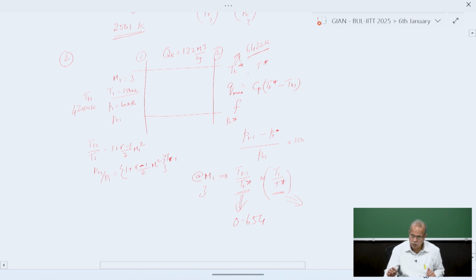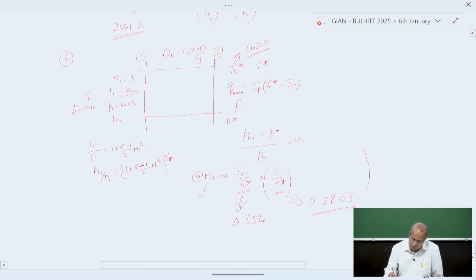What is 6422? TT star. What is this value? 0.2803.